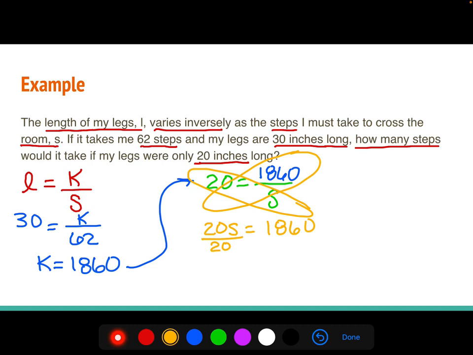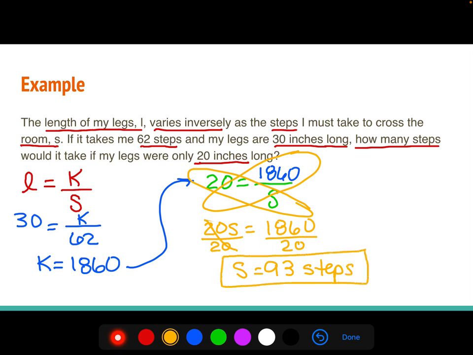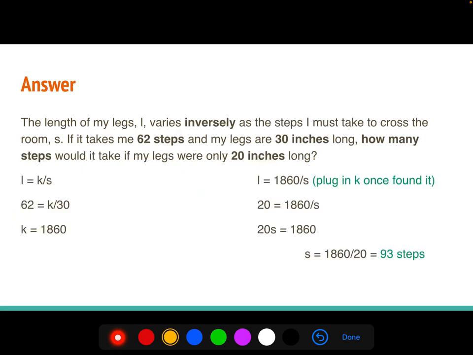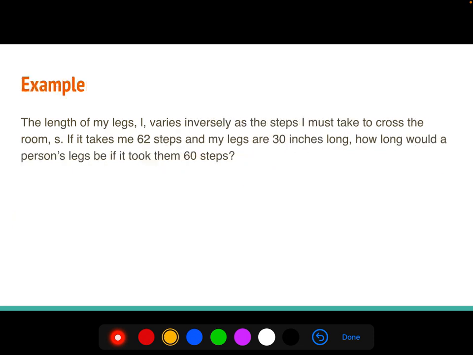So I have 20 times S equals 1860. Divide by 20 on both sides to get S all by itself. And it's going to take me 93 steps. Look at that, we solved it.